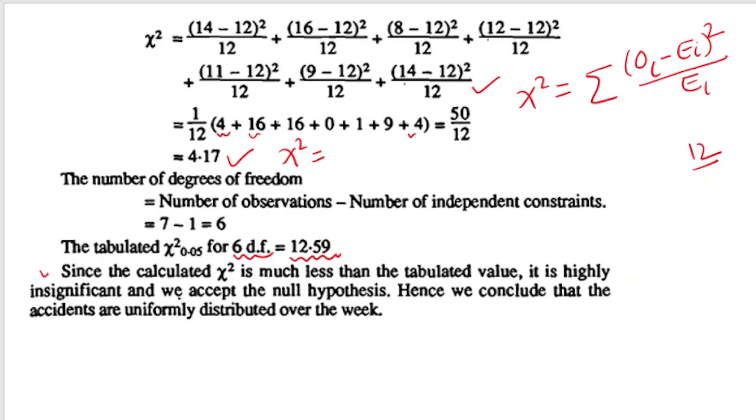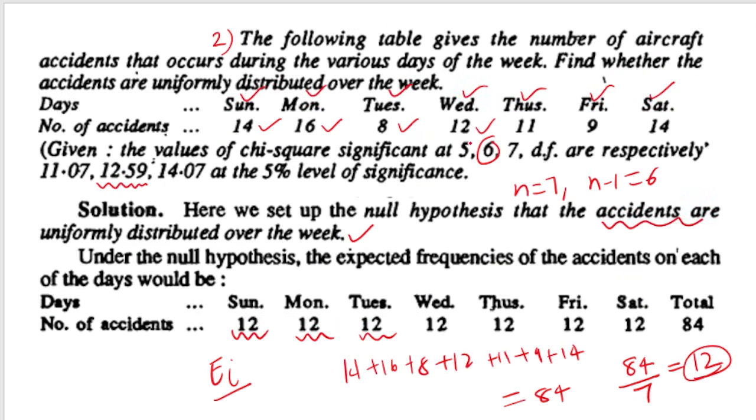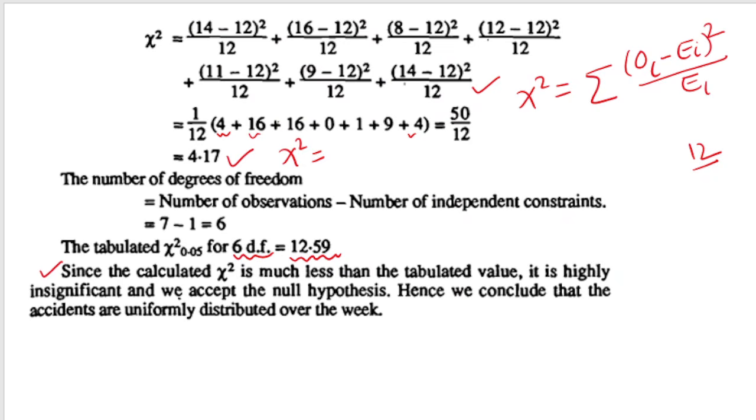So this is what is written here: since the calculated chi-square is much less than the tabulated value, it is highly insignificant, meaning the difference in the number of accidents happening over the period of 1 week is not very significant. So we say that it is insignificant and we accept the null hypothesis.